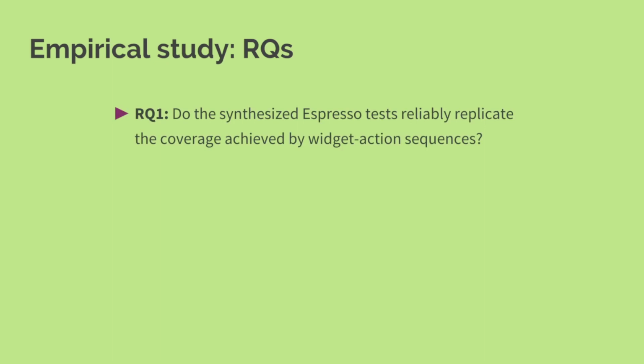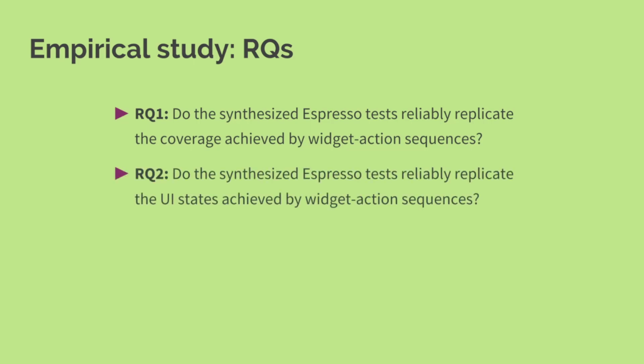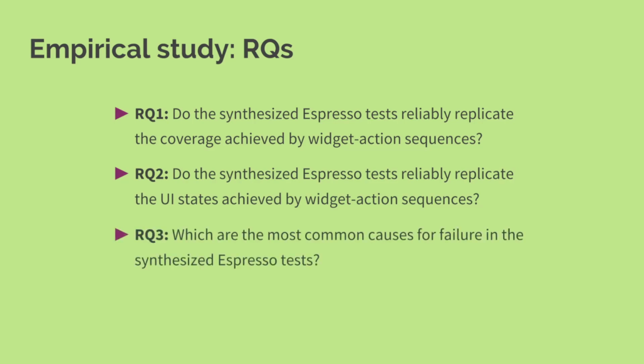First, do the synthesized Espresso tests reliably replicate the coverage achieved by widget action sequences? Second, do they reliably replicate the UI states achieved by widget action sequences? And third, which are the most common causes for failure in the synthesized Espresso tests?